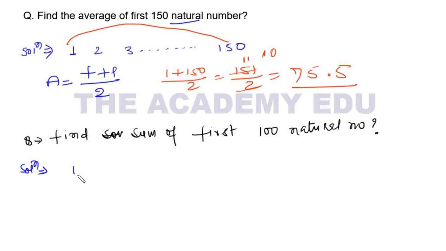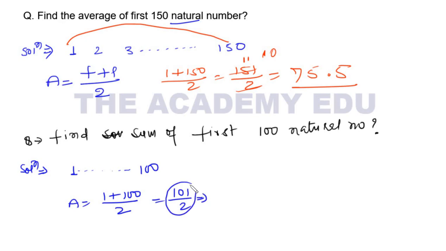The first number is 1 and up to how much? 100. So my dear friend, what is the average? First number plus last number upon 2. So the average is 101 by 2. Then what is the sum? Average is equal to sum upon n, so sum S equals A into n.